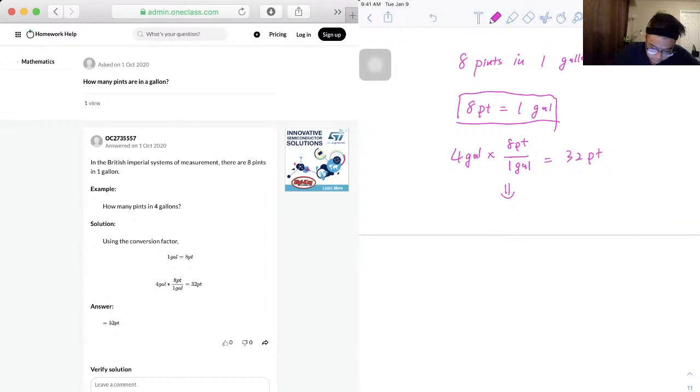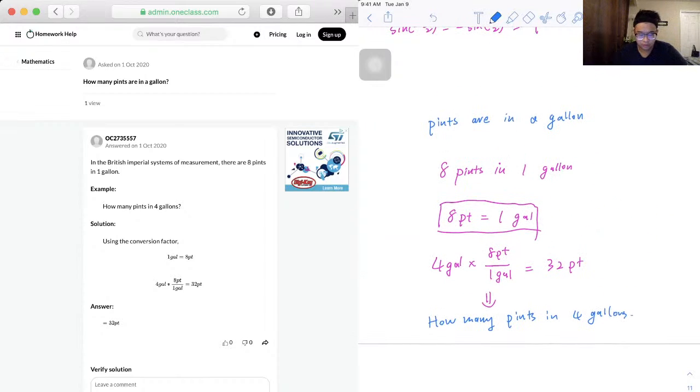So this is for how many pints in 4 gallons. Yep. So always find your conversion factor first, and then just do your calculation. And let's leave a comment there. Correct.